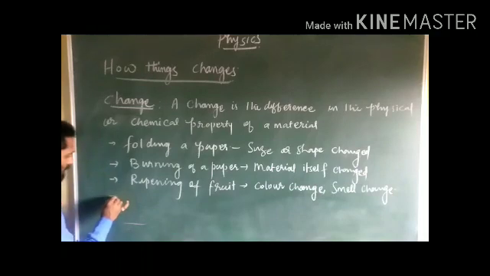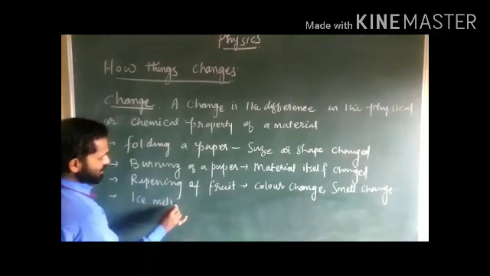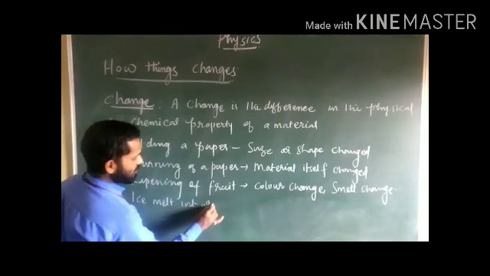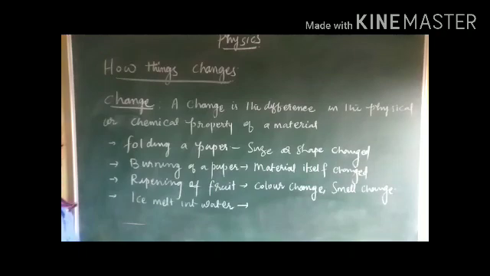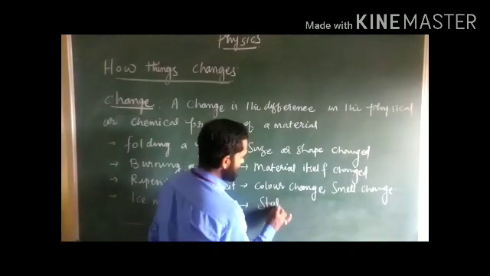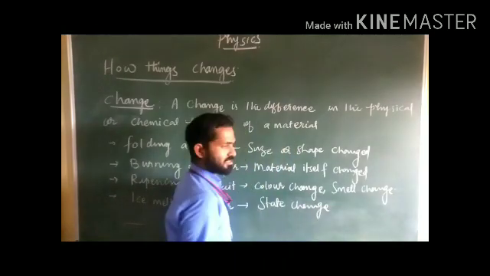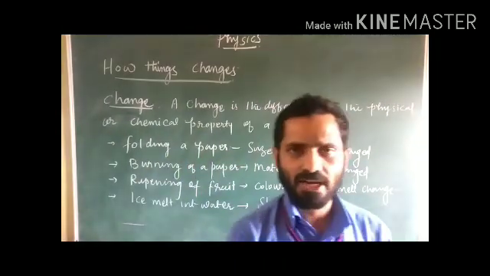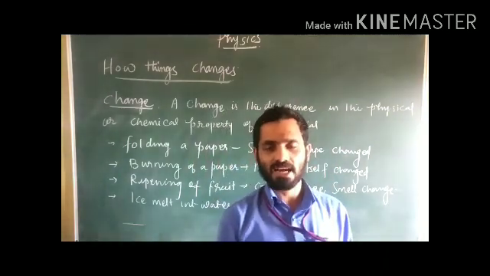Another example, students: ice melting into water. This is a change. So here it is a state change. It means, students, we have different states: solid state, liquid state, gaseous state.